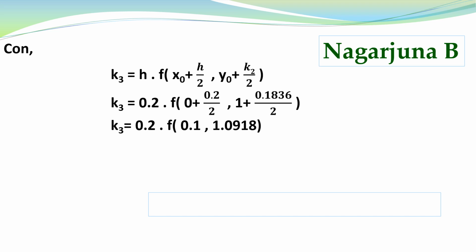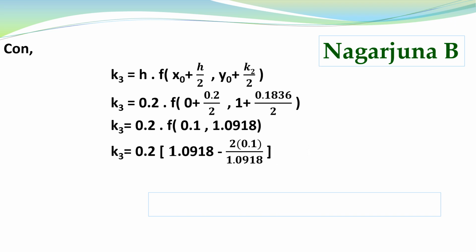So here x is 0.1 and y is 1.0918. Therefore we can write k3 equal to 0.2 within the square bracket 1.0918 minus 2 into 0.1 divided by 1.0918.